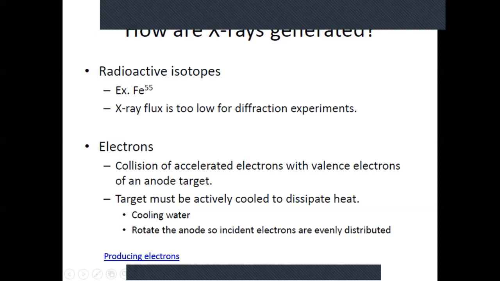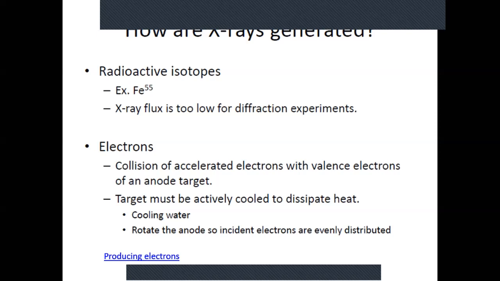What we do is we accelerate these electrons, and then they collide with the electrons in an anode target. When they collide with these electrons, they remove an electron from the anode, which we'll talk about in just a second. And then an electron from a higher energy state relaxes down to the lower energy state and releases an X-ray.